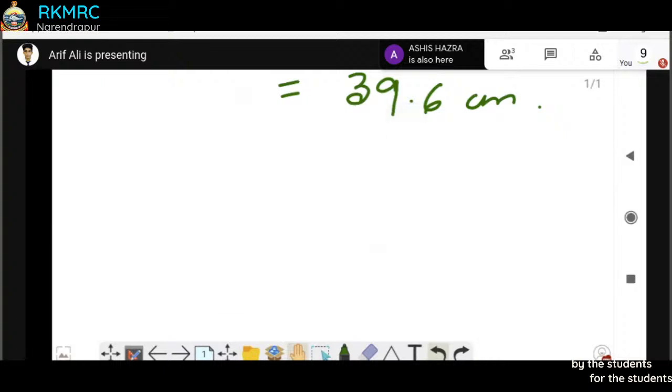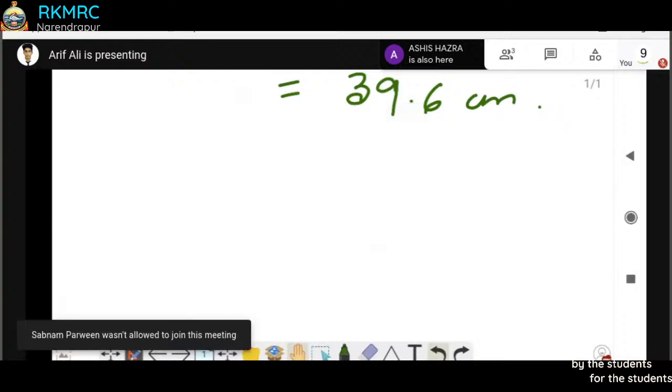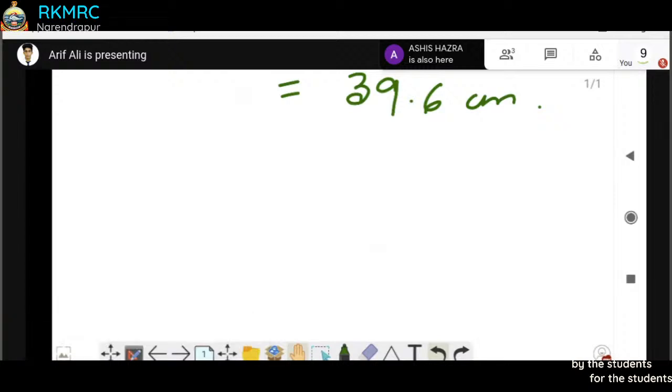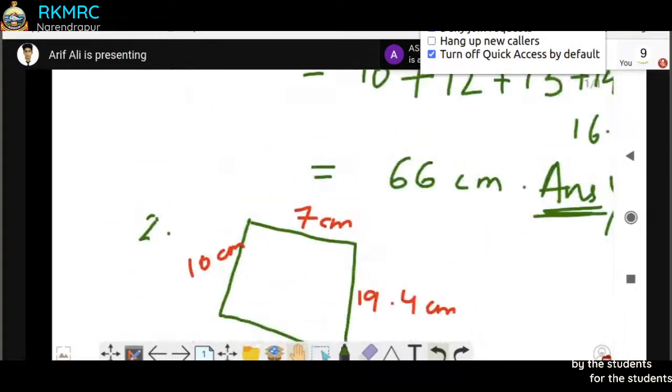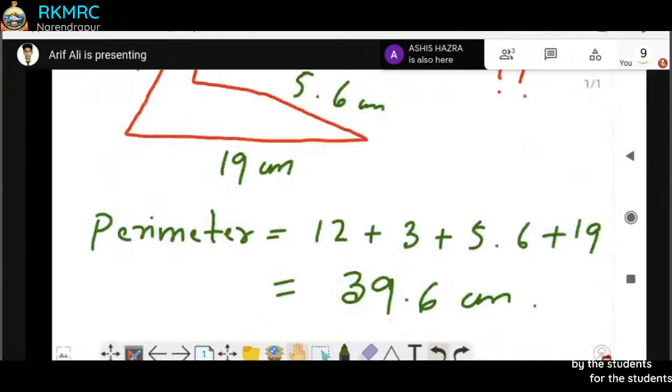If you are asked to calculate area, so if this is, what was the number? 2, 3, 4.